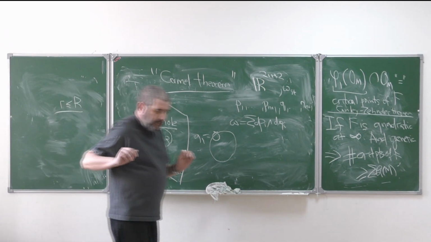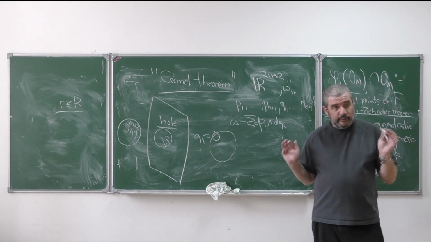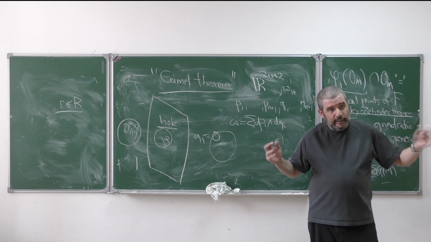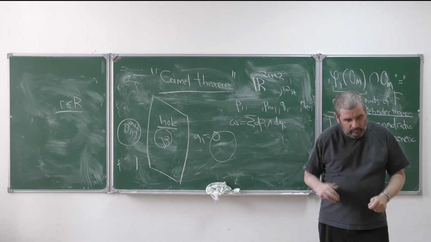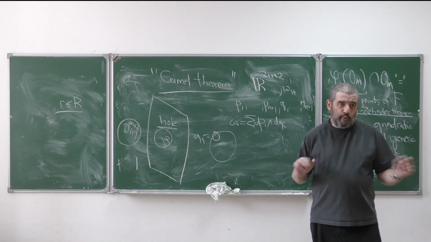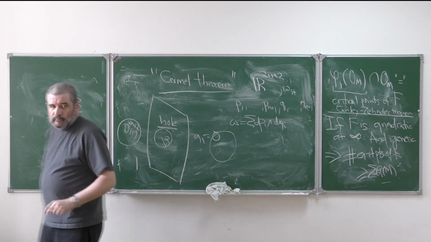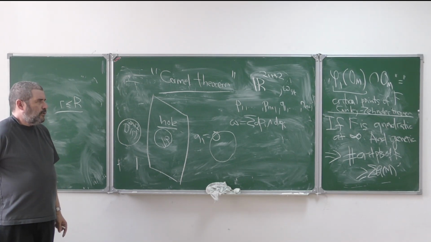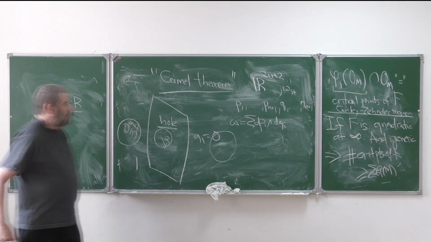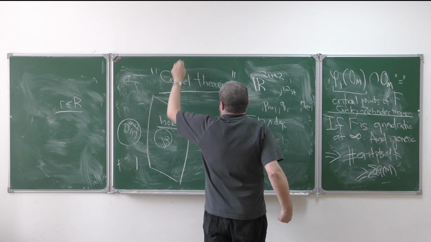So we can squeeze the ball only if it is small. A big ball we cannot squeeze through a small hole. It's Camel's theorem. I don't remember who is the author. Probably Viterbo.